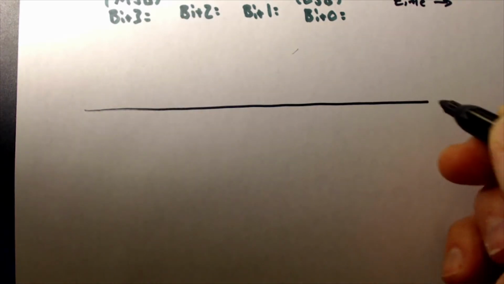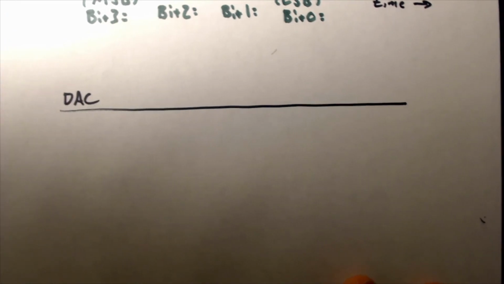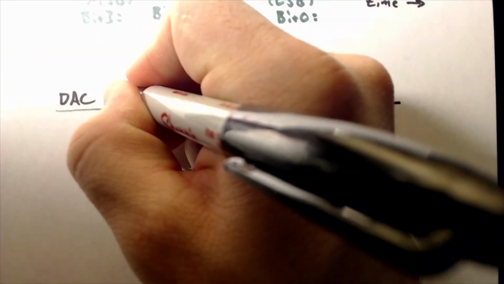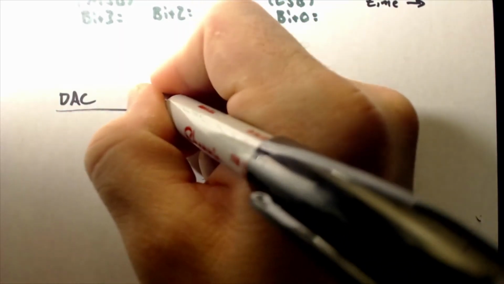And as we step through the algorithm, we're also going to fill out this table. We're going to see the value written to the DAC. We're going to plot down the voltage output from the DAC.